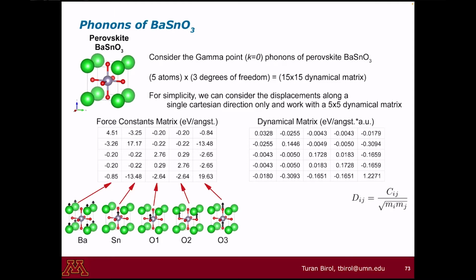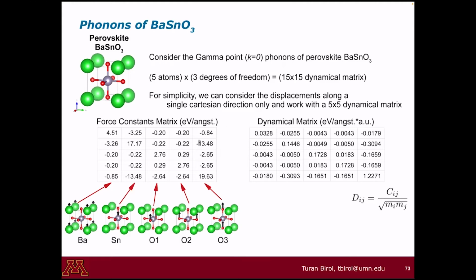And then when you divide by the D_ij, maybe we can take another look. How do you actually, if I want to do this by hand, take the force constants for this material and reproduce D_ij? So for example, the first column and first row corresponds to barium, right? So for the first element, I need to divide by the square root of the mass of barium times the mass of barium. But when it comes to, for example, this element, sorry, you are not seeing this.